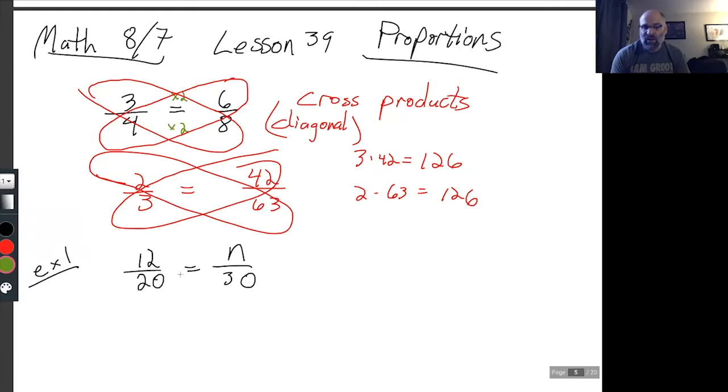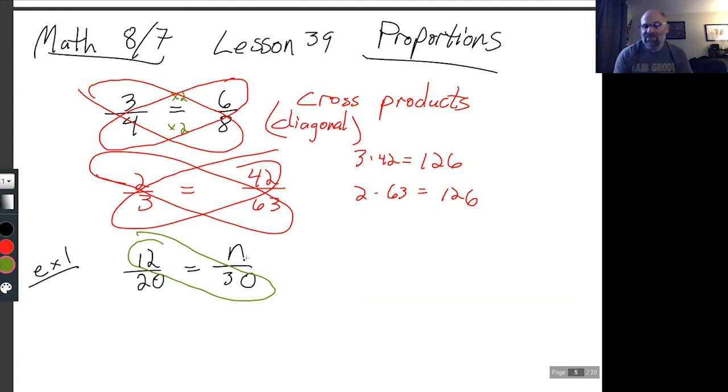So we know that 12 times 30 has to equal 20 times n, okay? So let's first figure out what 12 times 30 is. Can you guys do that in your head? What's 12 times 3? 36. So 12 times 30 is 360, okay? So that means 360 is the cross product.